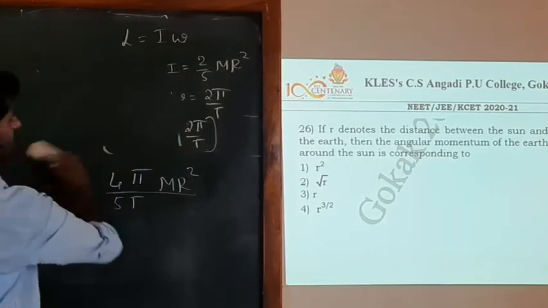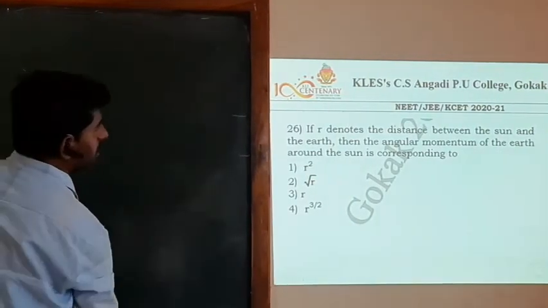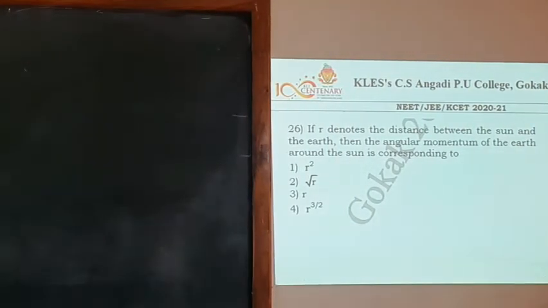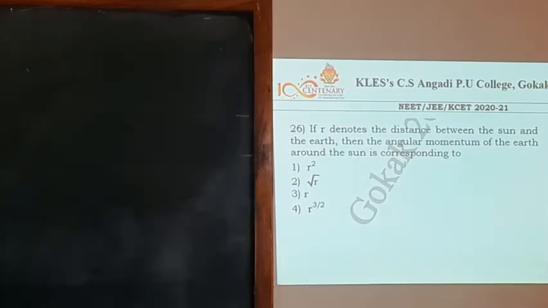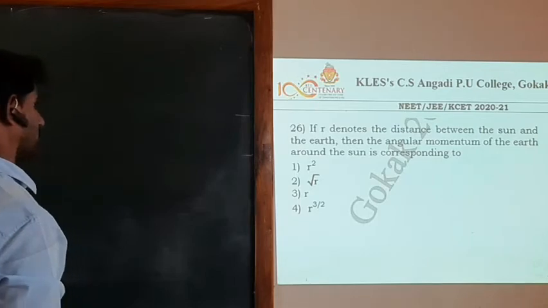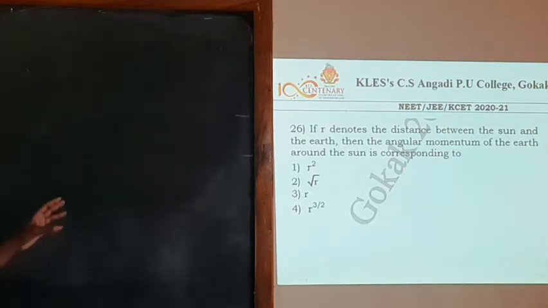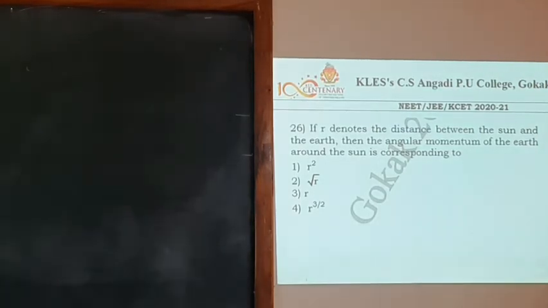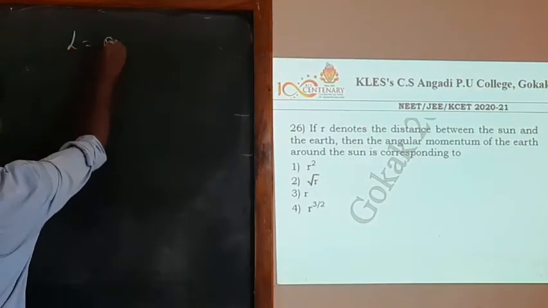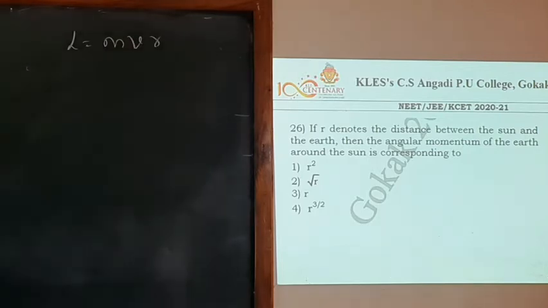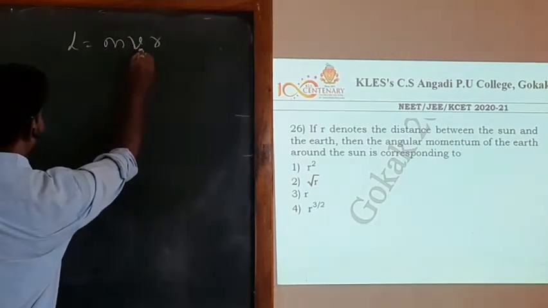Next one. If r, small r, denotes the distance between the sun and the earth, then the angular momentum of earth around the sun corresponds to, okay, we know angular momentum is equal to m v r, and for this I should take v naught.